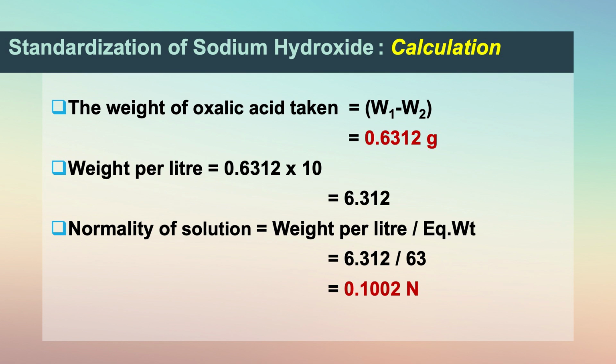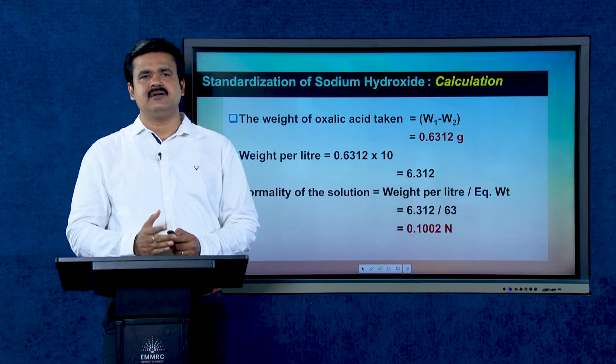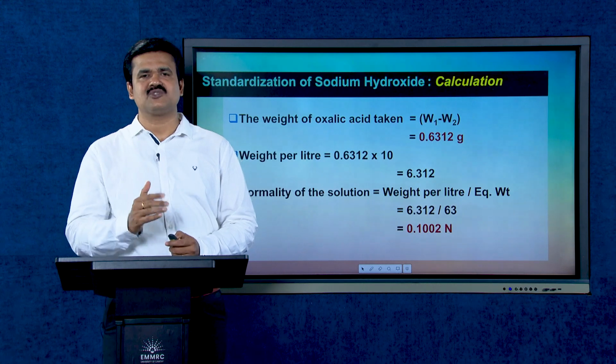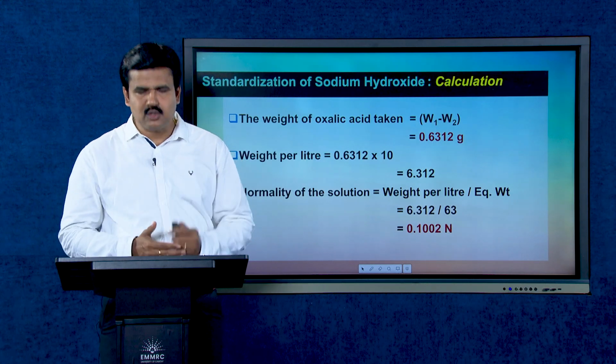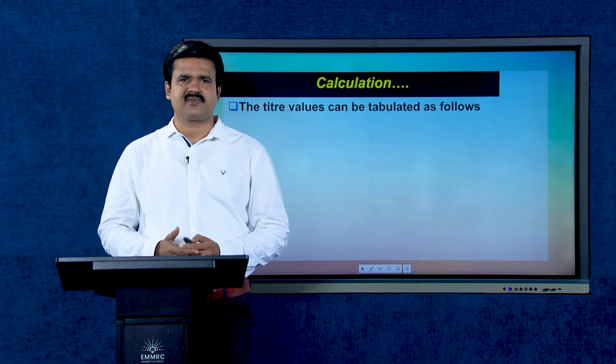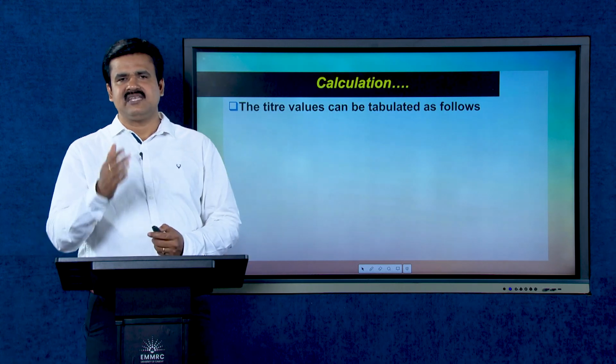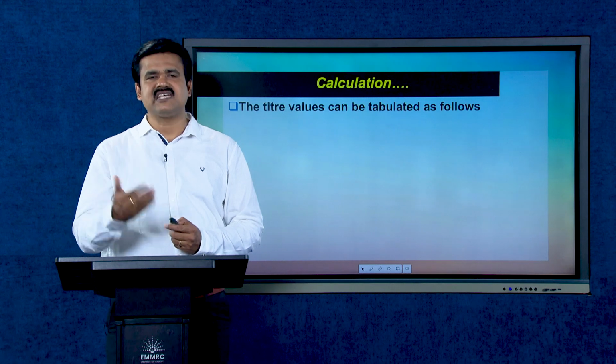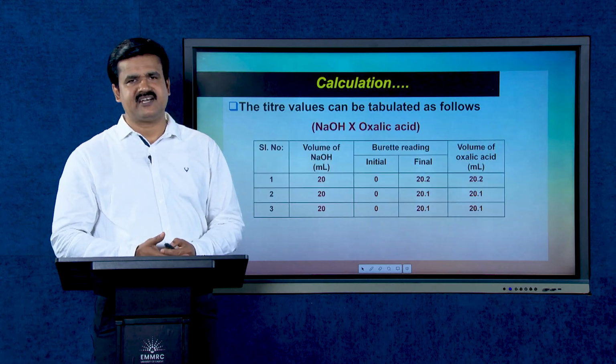Now, the normality of the oxalic acid solution will be obtained by weight per liter divided by equivalent weight, that is equal to 6.312 gram divided by 63. You will get a value 0.1002 normal. So, the normality of the standard oxalic acid solution you prepared for this experiment is equal to 0.1002 normal. Now, the titer values in the titration between oxalic acid and sodium hydroxide can be tabulated like this.